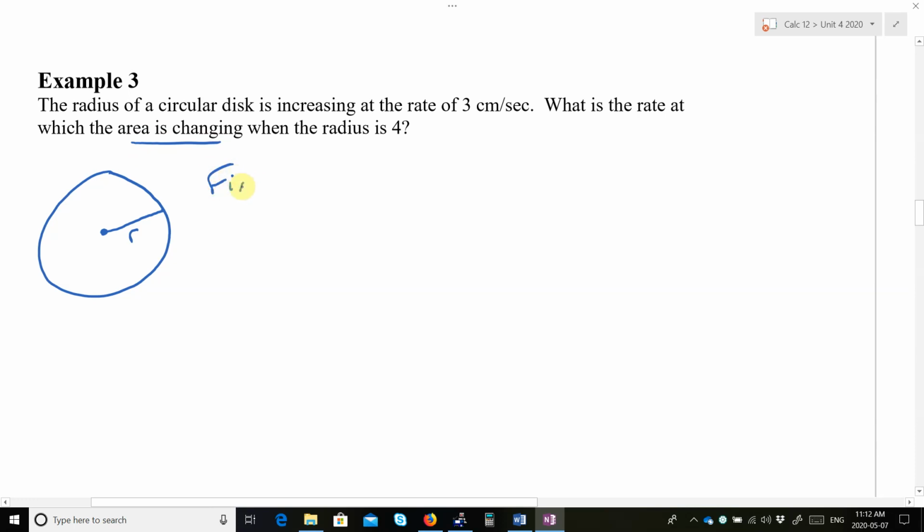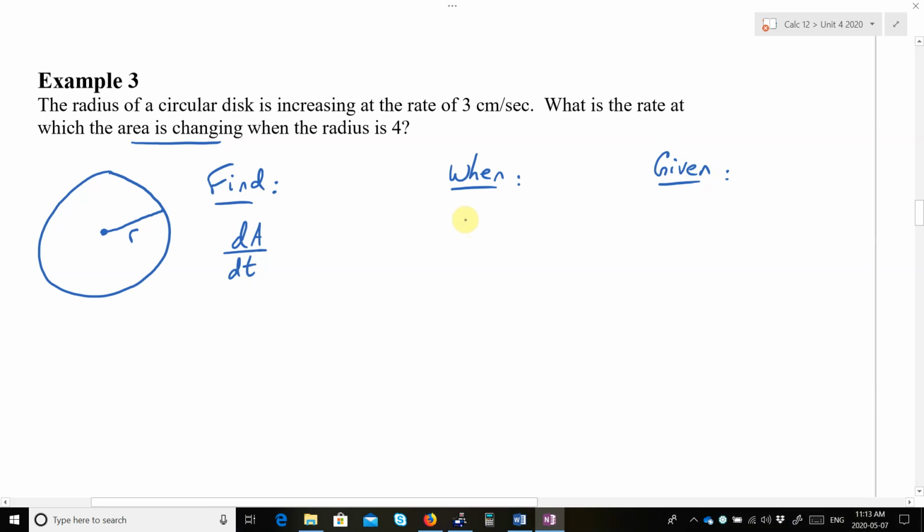Okay, so we'll set up our little process, find, when, and given. And they want us to find what is the rate at which the area is changing. They want us to find change in area with respect to time.